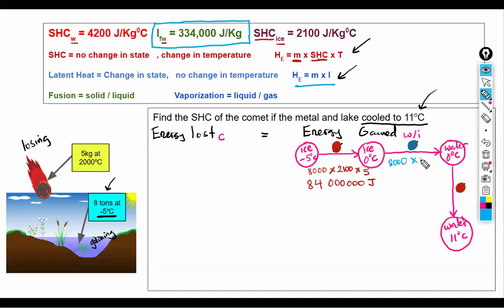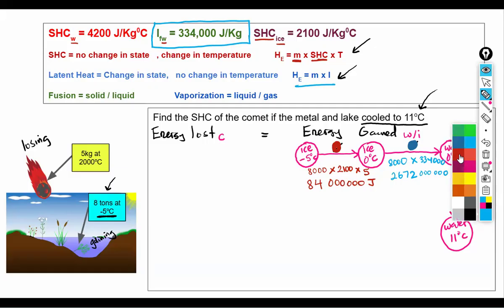And we have a huge value there, 334 with 3 zeros. I don't know why I used such a large number. Good. We get 2672 with six zeros. I'm hoping you're seeing that somewhere in your calculations.